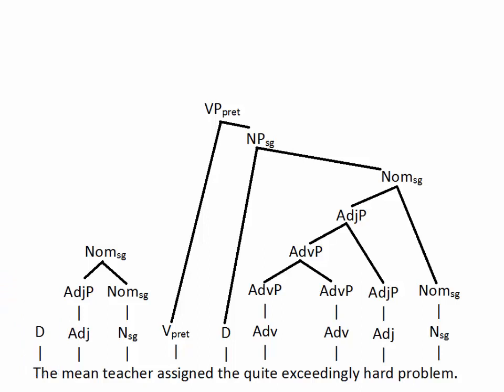Determiner plus the nominal gives us the noun phrase. And now we have our subject. And, of course, subject plus the predicate is going to give us our sentence structure. So with that, you should hopefully now be able to draw sentence structures that contain adjectives modifying nouns and adverbs modifying those adjectives.